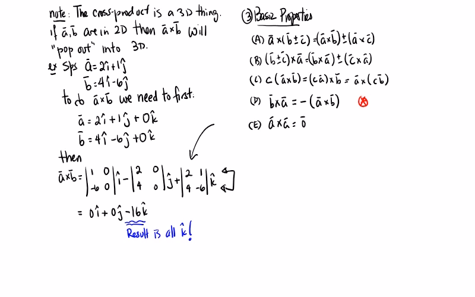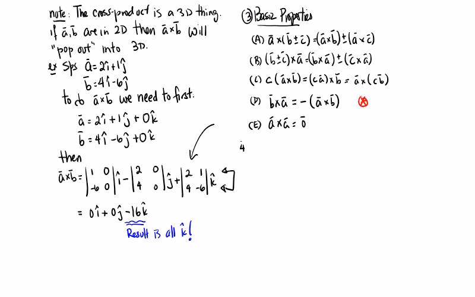That's because you're just multiplying and subtracting the same thing every single time. So that's a good one to remember. Now, for what it's worth, none of these 5 is necessarily obvious. Some of them are more obvious than others, but the cross product is an ugly calculation. Even something like A in the basic properties here isn't screamingly obvious. There's a calculation involved in doing this. So be aware of that.